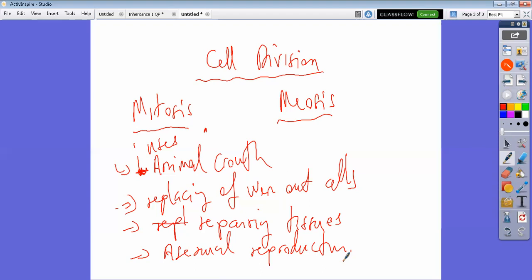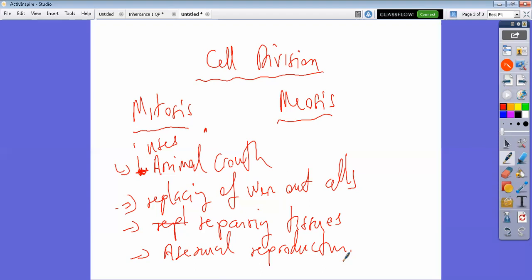If each time the cell division is happening the genes are identical, why do we have different parts? Why are they all not the same? What's the reason?